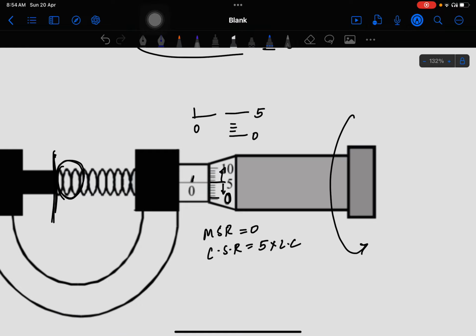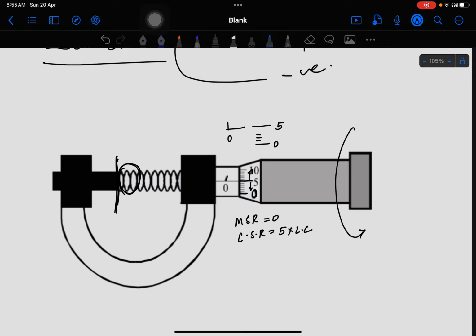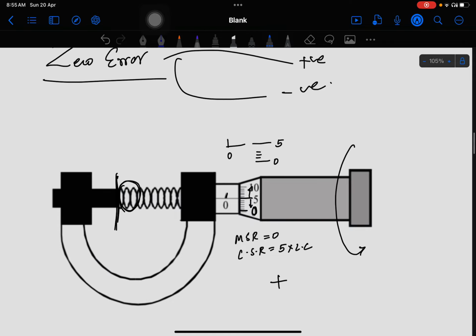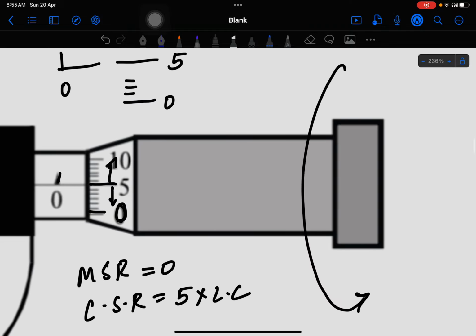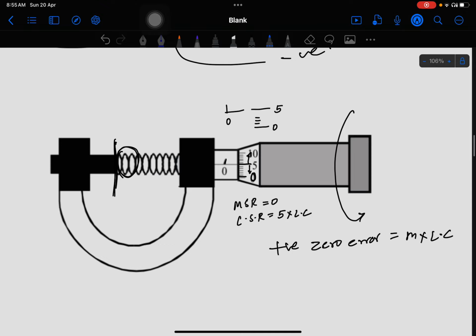So over here, whenever the 0 is below the reference line, we say that the zero error is a positive zero error. If you take the division coinciding as m, you just write m multiplied by the least count. This is your positive zero error. And the true reading or the true value is nothing but the shown reading.